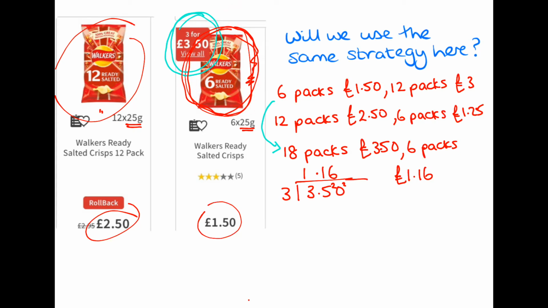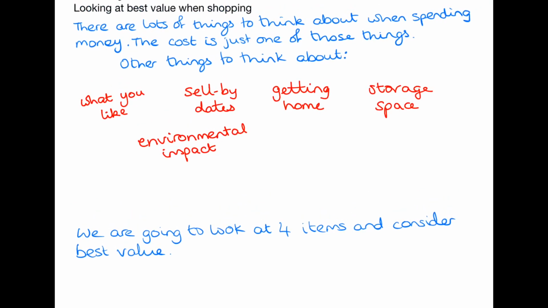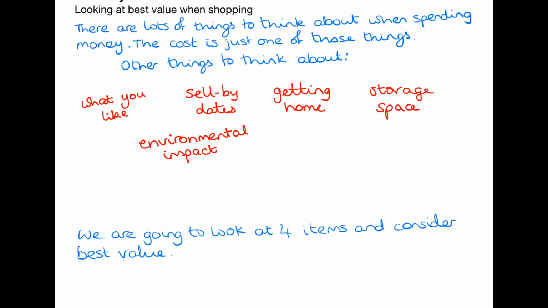However, if we had plenty of room, then if we bought 3 of these, because of this special 3 for £3.50 offer, that's better value per packet of crisps than this one is. Okay, so it all depends on how many packets of crisps you want and what you've got space for in your cupboard.